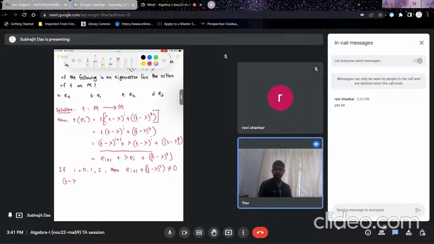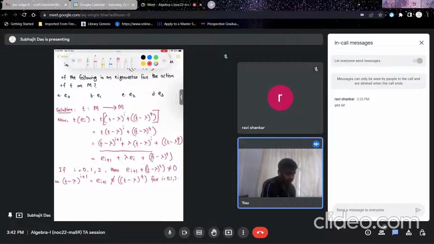That is, e_(i+1) is not in the ideal generated by (t minus lambda) to the power 4. Why? As (t minus lambda) to the power i plus 1 is not in the ideal generated by (t minus lambda) to the power 4, for i equal to 0, 1, 2, right?